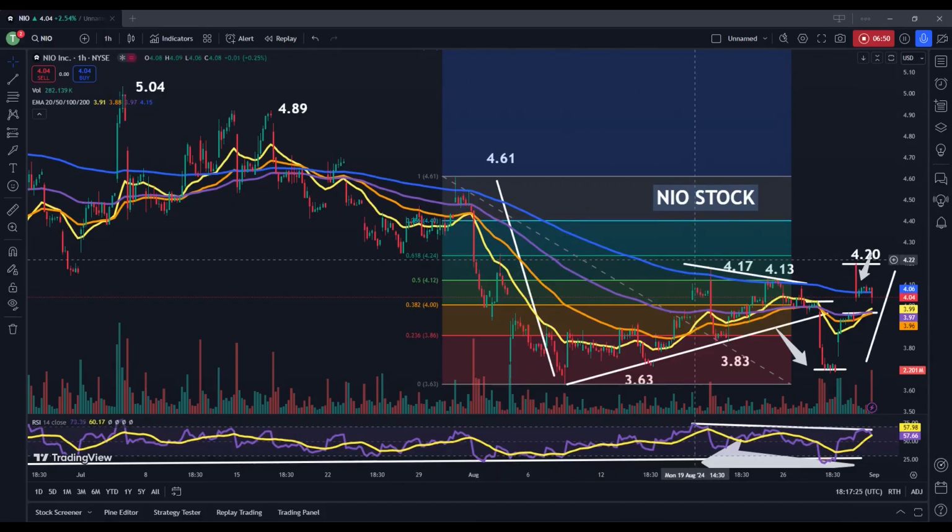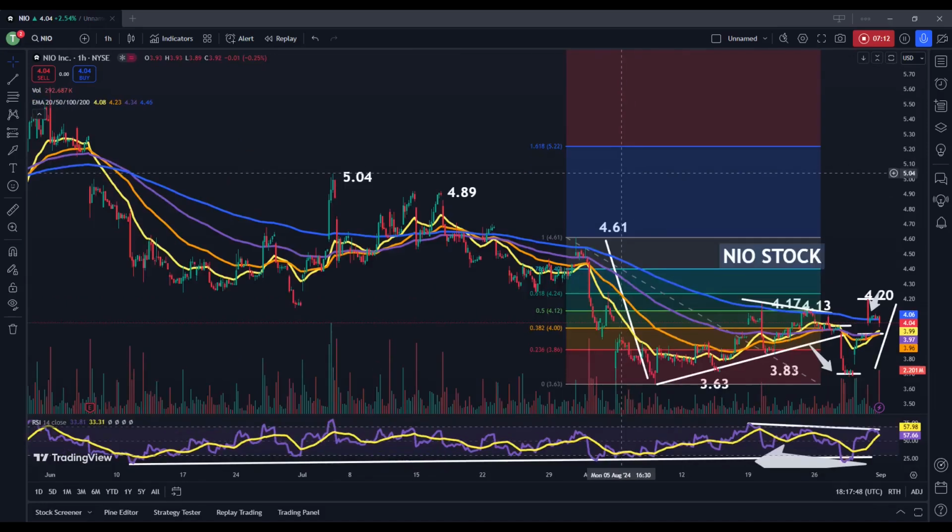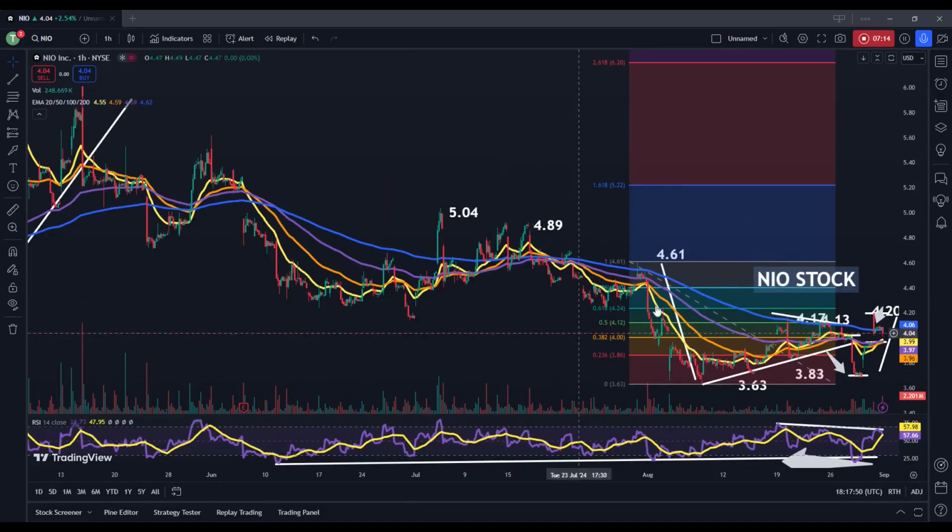And I do think that if we see a break above this $4.20 level, you could start to see a bit of resistance at the 61.8% retracement of this declining move from $4.61. This currently rests right around the $4.24 mark. But if we were to break above here, then the most likely scenario would be a retest of that $4.61 mark. A break above there really puts $5 per share in the crosshairs as far as an upside target is concerned.